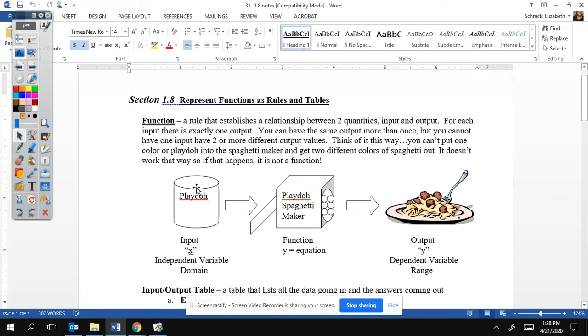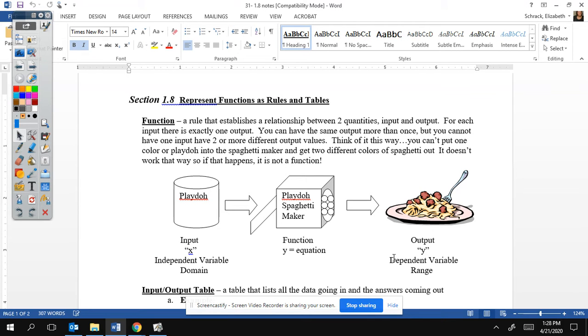If I put purple Play-Doh in, purple spaghetti is going to come out. If I put blue Play-Doh in, blue and green can't come out. Only one thing can come out. So there's a direct relationship between what you put in and what you get out.